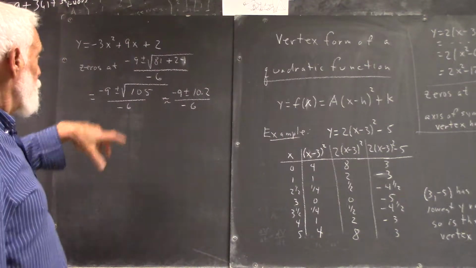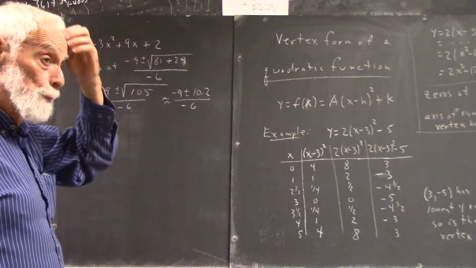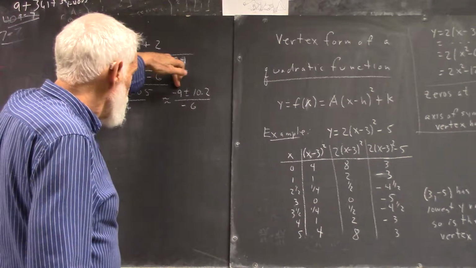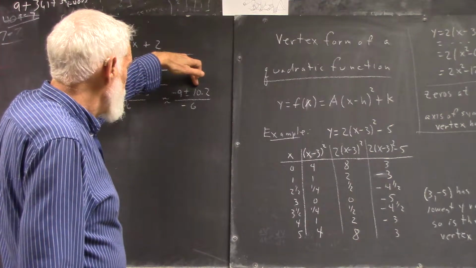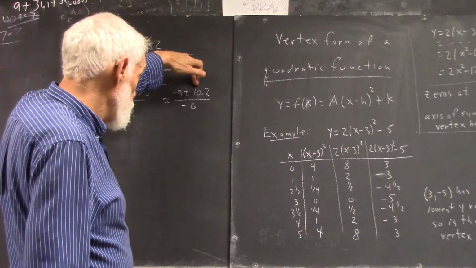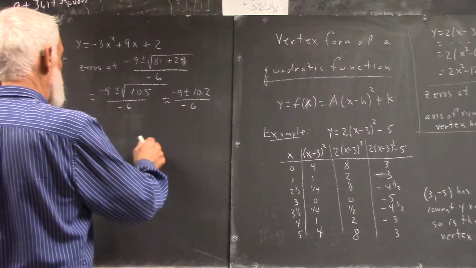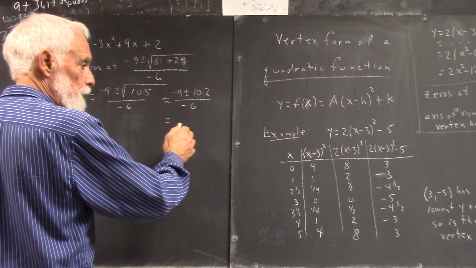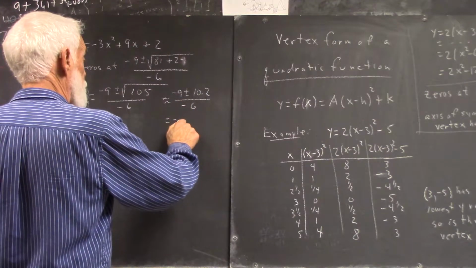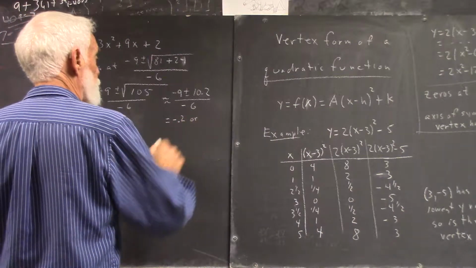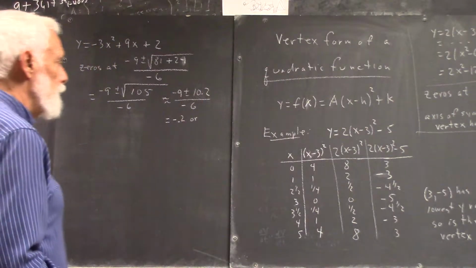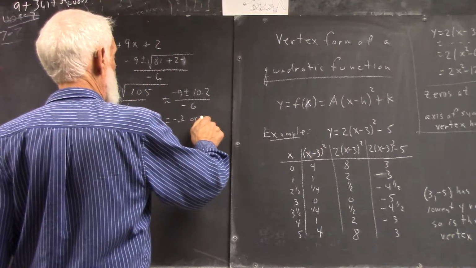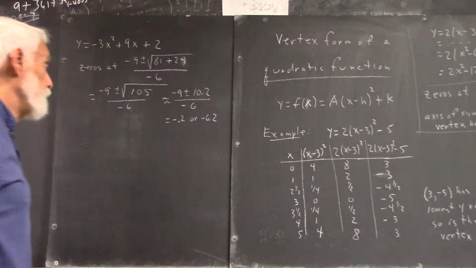Okay? Get the square root of 125 is pretty close to 10.2. And then negative 9 plus 10.2 is 1.2. And 1.2 over 6 is 0.2, but it's over negative 0.6. I think we get negative 0.2, or negative 19.2 over 6, which is 6.2. Negative 6.2, okay?